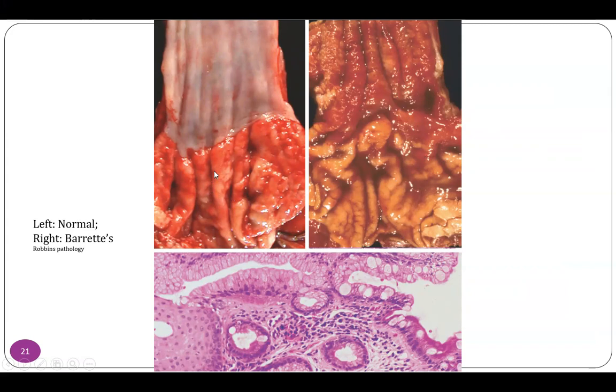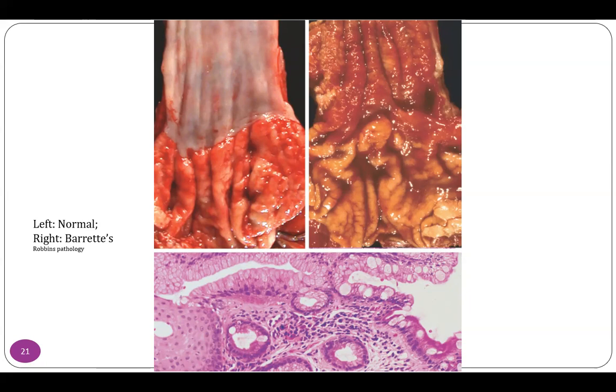So here at the junction we take biopsies, and we see columnar mucosa and goblet cells adjacent to the squamous epithelium. So here we make the diagnosis of Barrett's esophagus by the clinical and the microscopic.